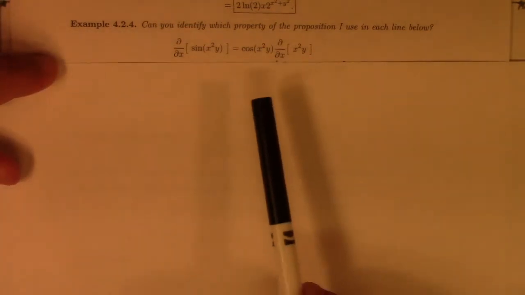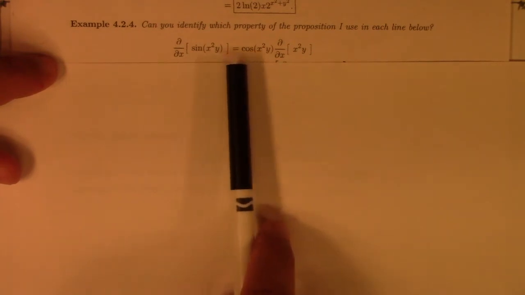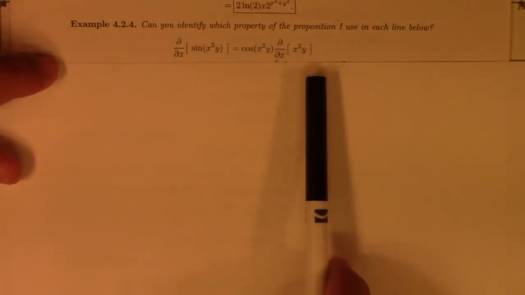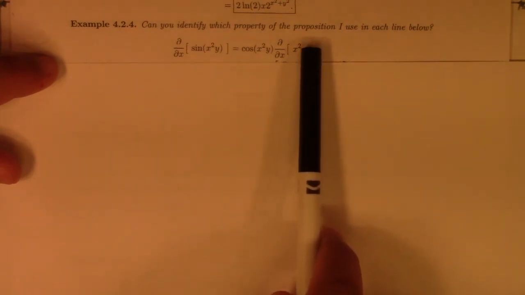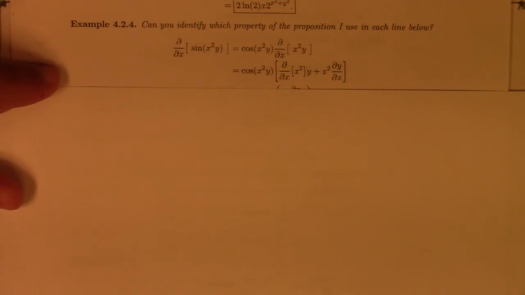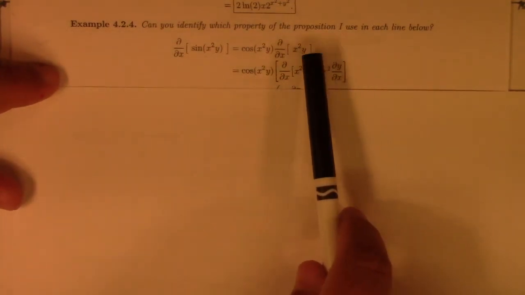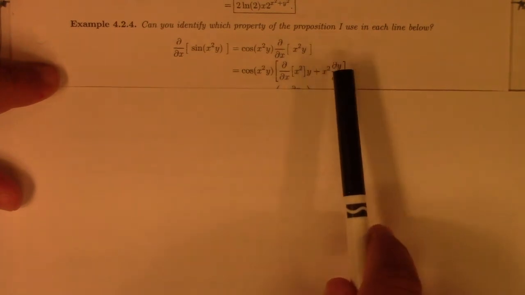So here's another one, partial derivative of sine of x squared y. The chain rule says that it's cosine of x squared y times the partial derivative of the inside function. y is constant with respect to this partial derivative, so we can pull it out essentially. But I'm just doing the product rule because I'm being methodical at the moment. So we pull y out because this is just the product rule.